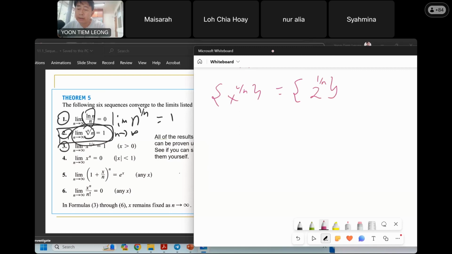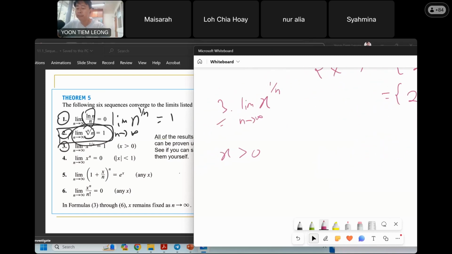In this case, x is just a number which is 2 and it's positive. Then it will be a sequence of 2 to the 1 over 1, 2 to the 1 over 2, 2 to the 1 over 3, 2 to the 1 over 4, etc. So x to the power of 1 over n is a sequence where x is a constant.